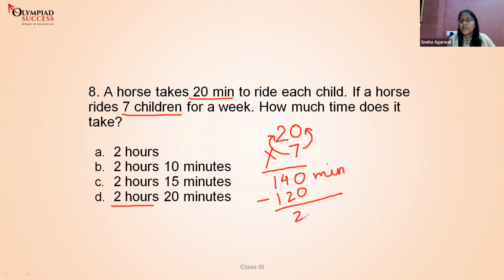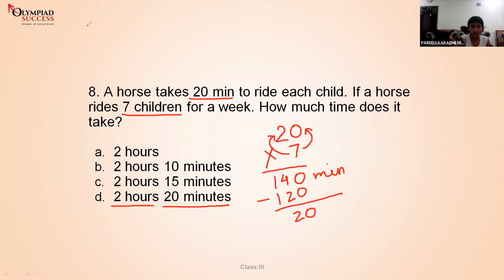You are still left with 20 more minutes, right? So that 20 minutes is written over here. So the horse will be taking 2 hours 20 minutes. You can also do it this way: 20 minutes, 40, 60, 80, 100, 120, 140. So 120 is already covering 2 hours and you are still left with 20 more minutes. Is that clear now? Yes, ma'am.